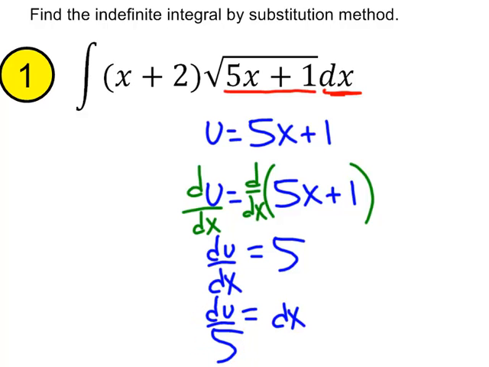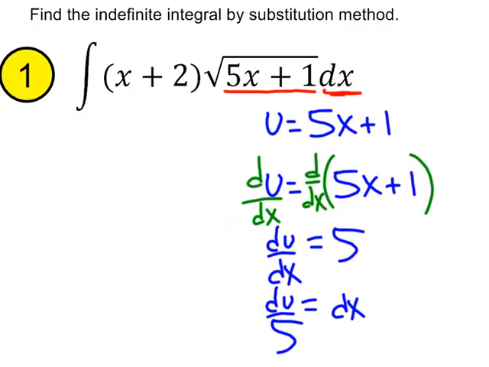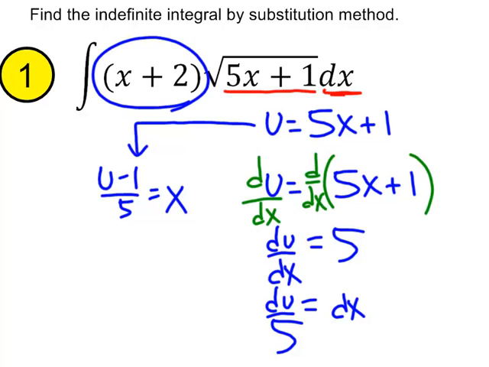So we have one more expression to look at. We now need to tackle this. So let's take our original u definition here, and let's rearrange that. If I subtract 1 from both sides, and then divide by 5, I'll get u minus 1 divided by 5 equals x. But I'm really not interested in just getting x alone. I'm really more interested in x plus 2.